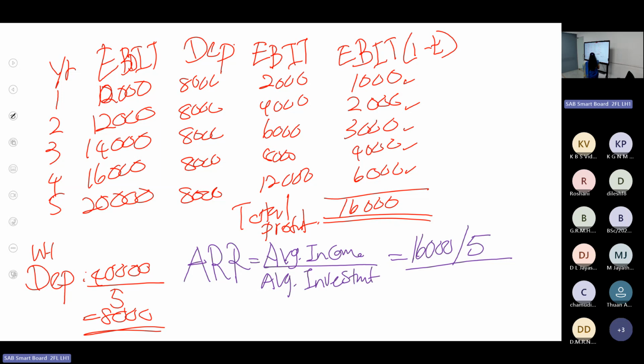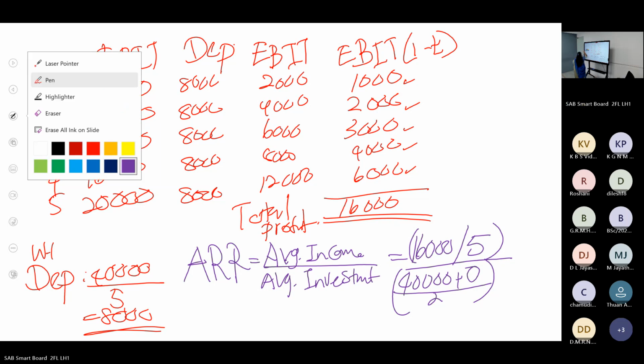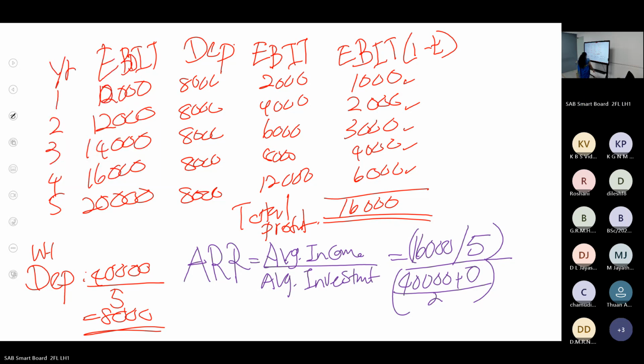And how can you take the average investment? We have 40,000 as the initial investment, but we don't have the last year investment, so therefore just divide the 40,000 by 2. This gives us the ARR.